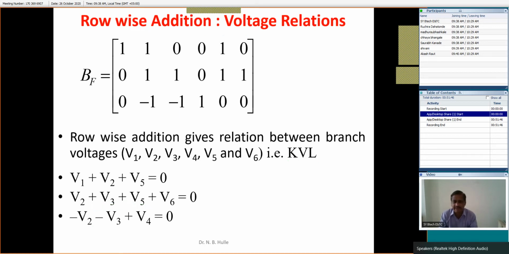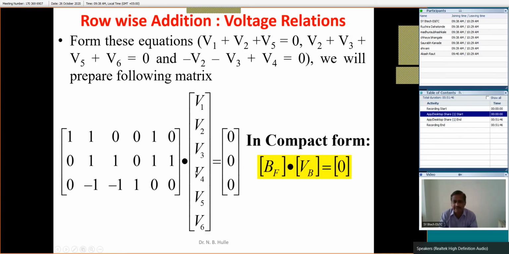If we take its row-wise addition, I will copy these equations and organize them in matrix form again. This is V1 plus V2 plus V5 equals 0, and so on. Here the multiplier of V1 is 1, V2 is 1, the multiplier of V3 is absent, V4 is absent, V5 is 1, and the multiplier of V6 is 0. If we multiply this row with this column, we will get this equation equal to 0.